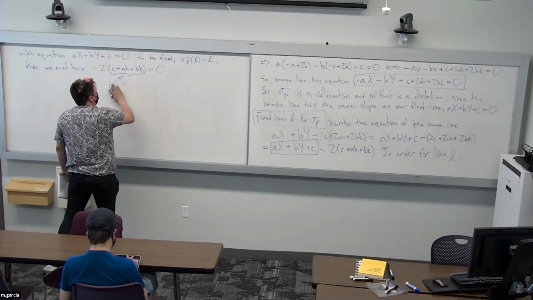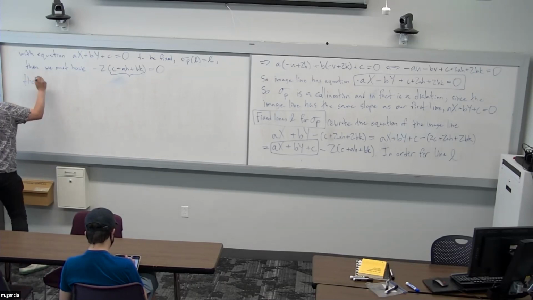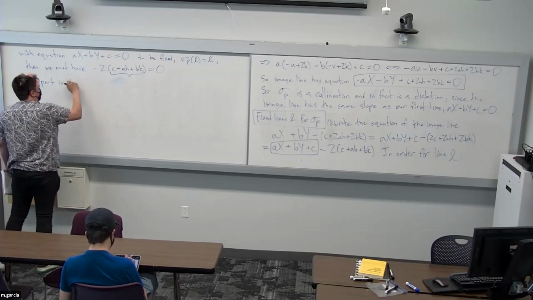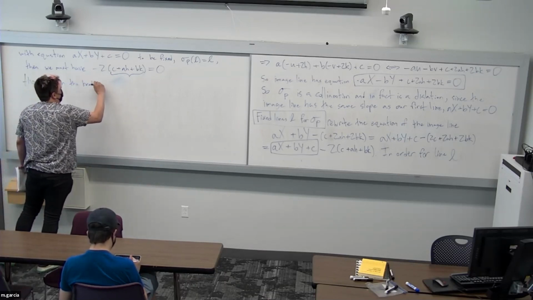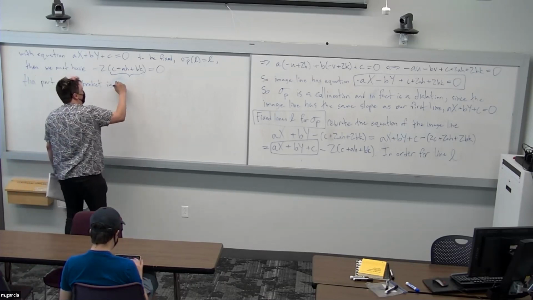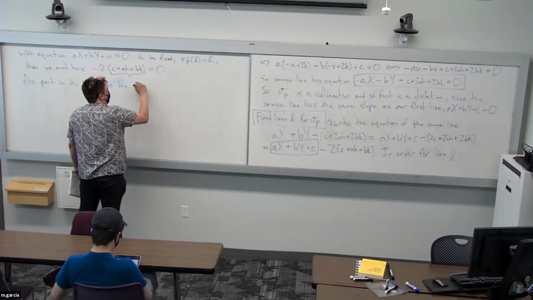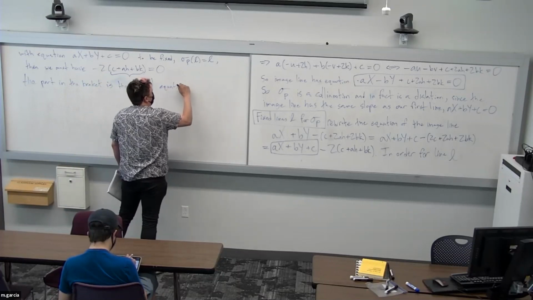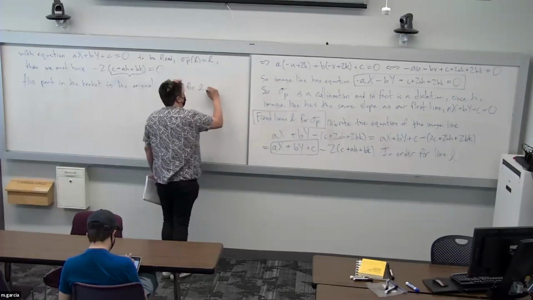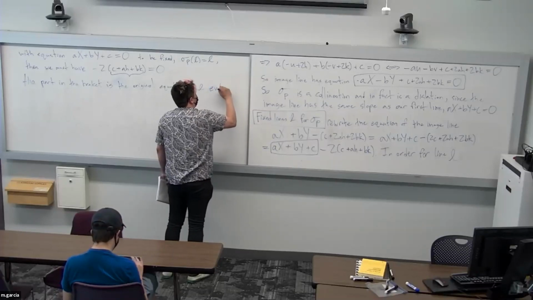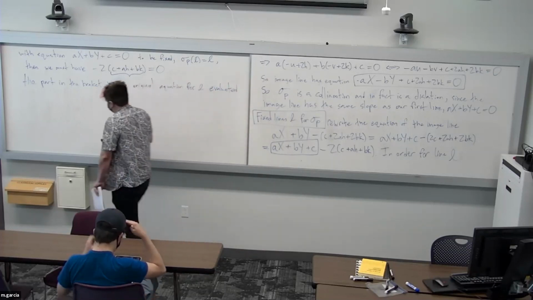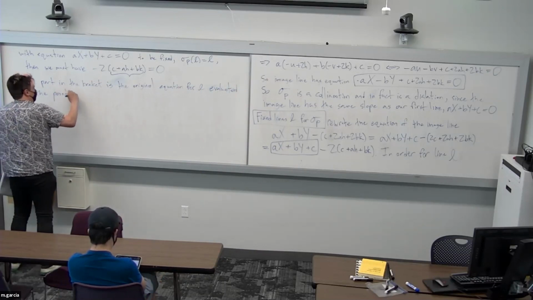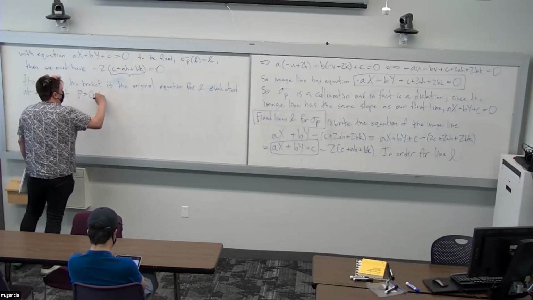That's the part in the bracket, the original equation for L evaluated at the point P equals h comma k.